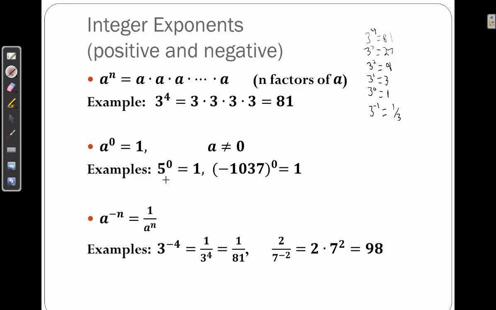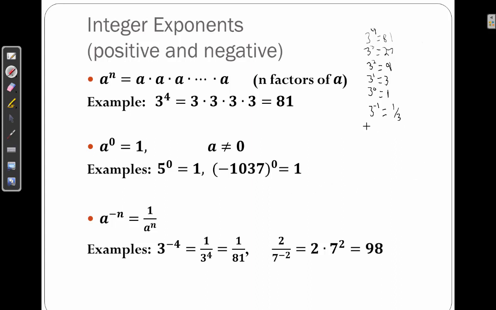And that's what this says. Any number to the 0 power is going to be 1, except 0. 0 is the only exception. 0 to the 0th power is undefined.